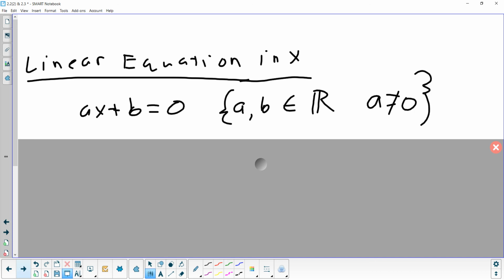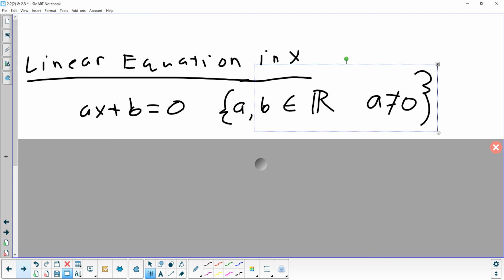It has 2 parts to it, usually a slope and a y-intercept. When we fill in for those, they're numbers. So the a and the b can be any real number that you want. That's what that sentence means. A and b are elements of the real number system, except a can't be 0. That's the only thing it can't be.